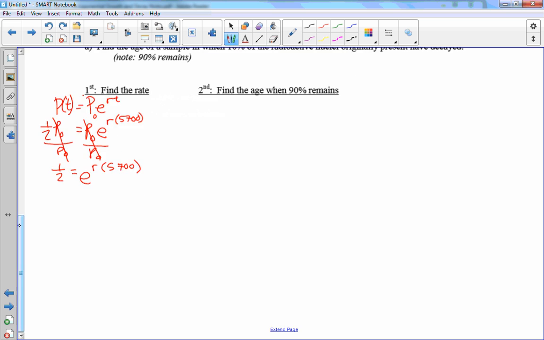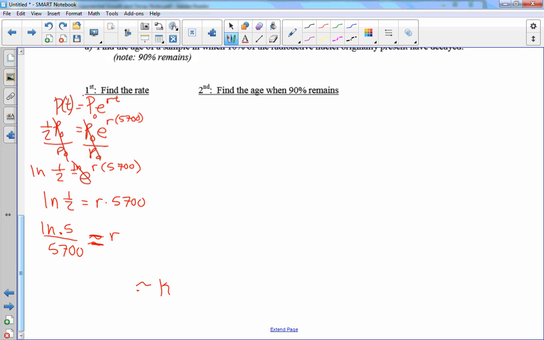Okay, so natural log both sides, I think we've basically all gotten here. Natural log of 1/2 equals R times 5700. So the rate, now this was interesting, we got scientific notation on our calculator.